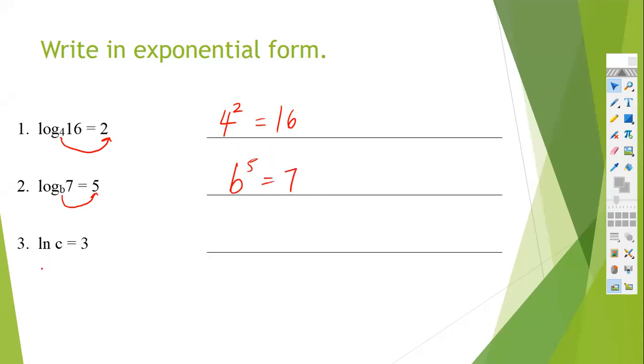Okay, natural log. Remember, it's log base e of c equals 3. Natural log means that you have a base of e. Following the same rule, my base is e, my output is 3, and my argument is c. So we end up with e to the third equals c.